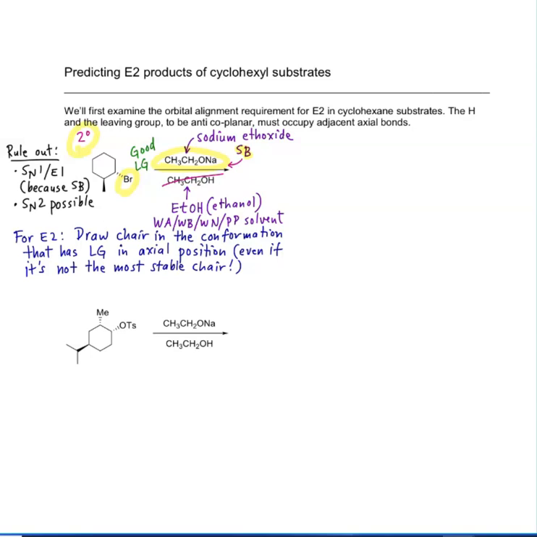So that's very important. We care about having that leaving group axial, because only when the leaving group is in an axial position can you have a beta hydrogen that is anti to it. Once you have that chair drawn, then look for axial beta hydrogens anti to the leaving group.